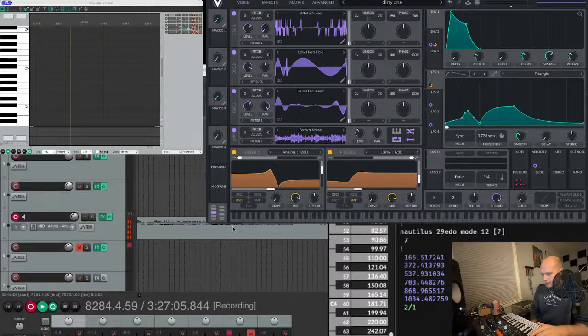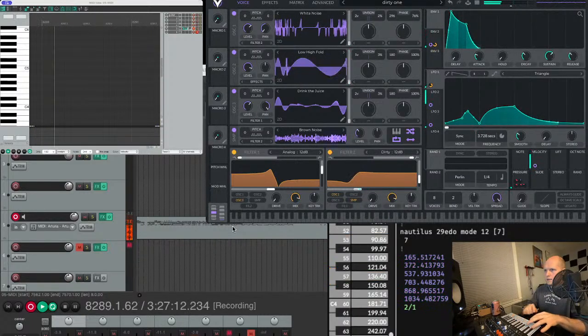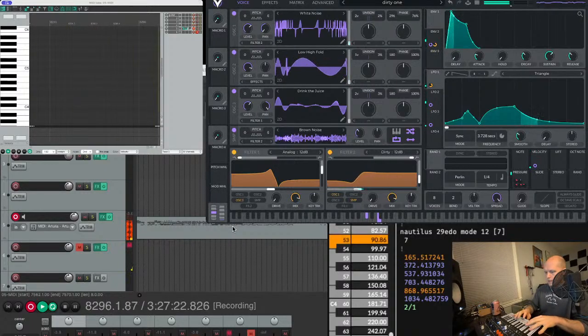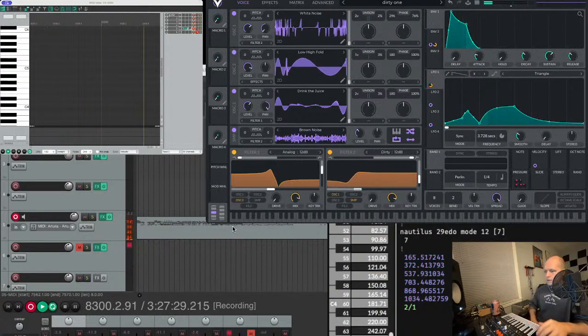I did notice while jamming these stacked thirds, which would be fifths in this case, sounded pretty cool. I like these. So yeah, those were cool.